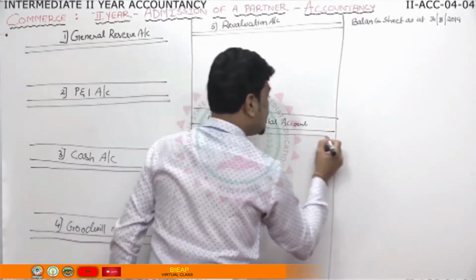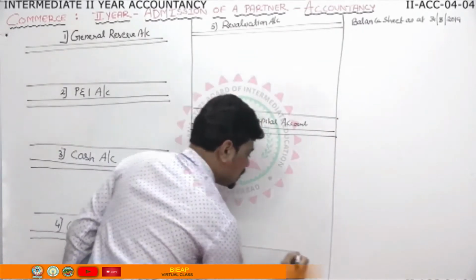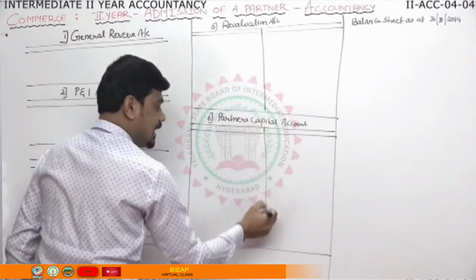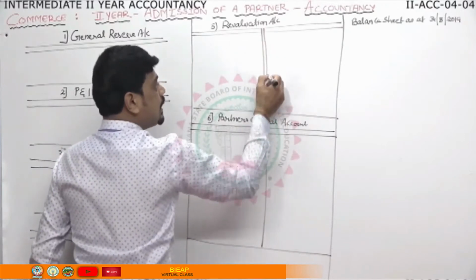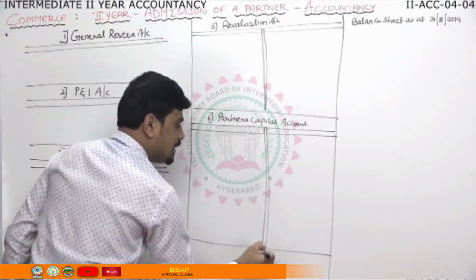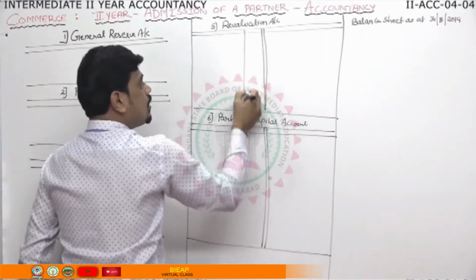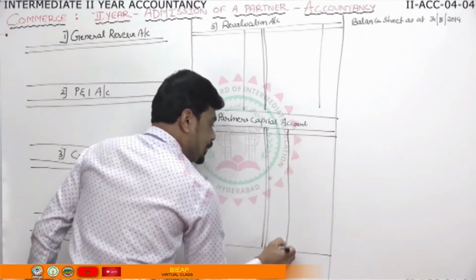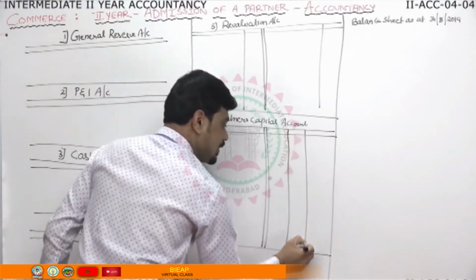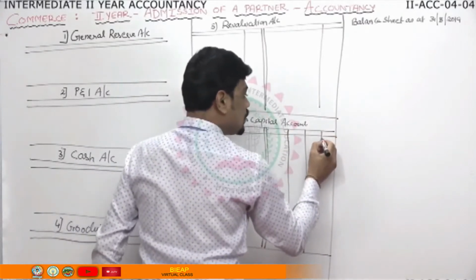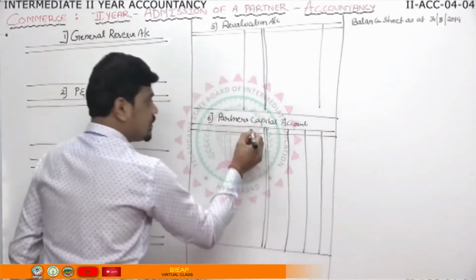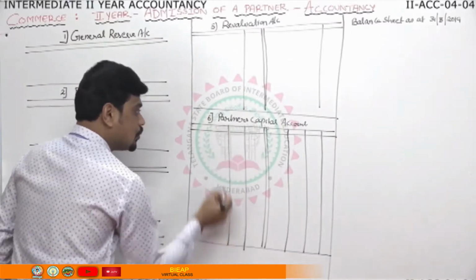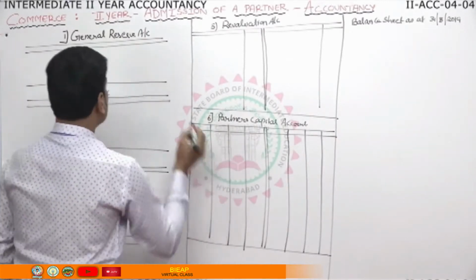There are 3 partners. So keeping the scale in center, we can make 2 sides, debit and credit. Amount column, amount column. Here, particulars, partner 1, partner 2, partner 3.